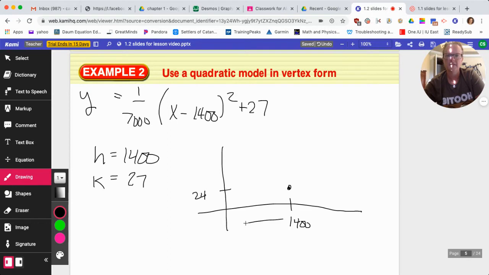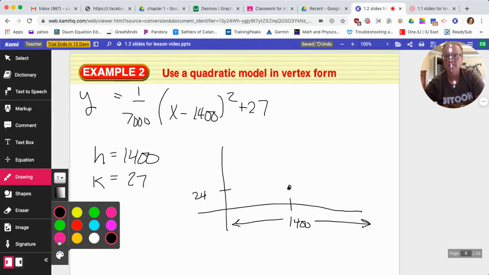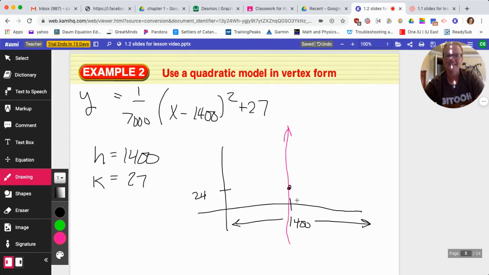Now we were trying to find the distance from here to here. We also know that the axis of symmetry is right there. So this distance and this distance are going to be equal. I just used a little congruent mark. So from 0 to 1,400 is great. Then we're going to go from 1,400 to the end, which is 2,800. So that total distance is going to be 2,800 feet.